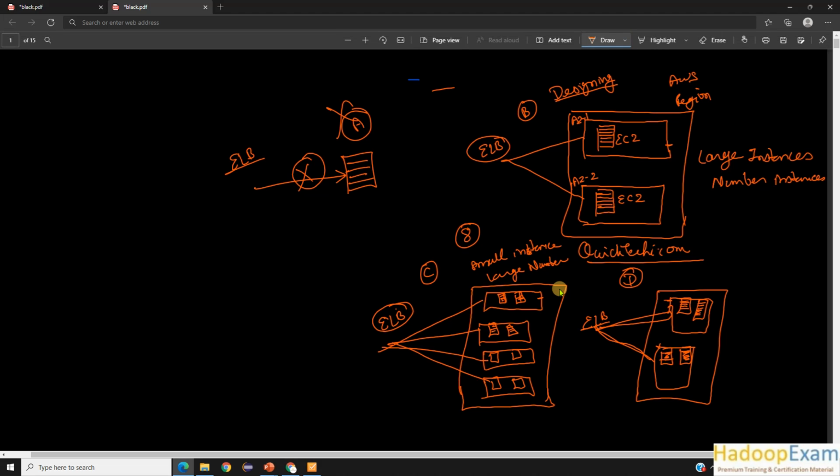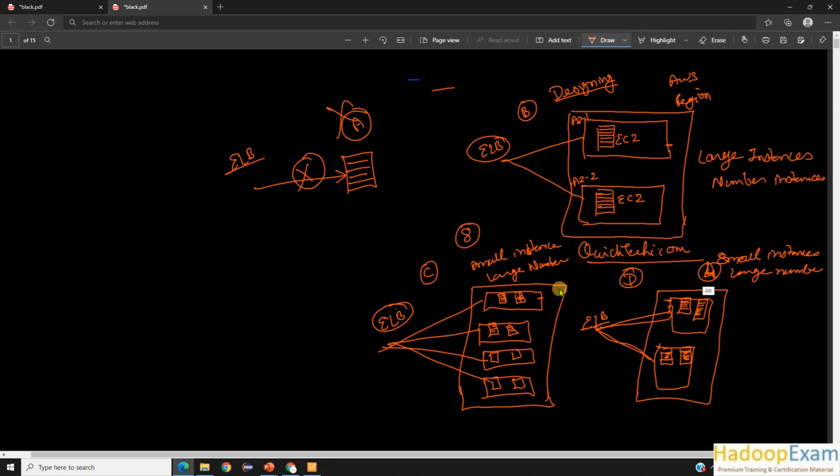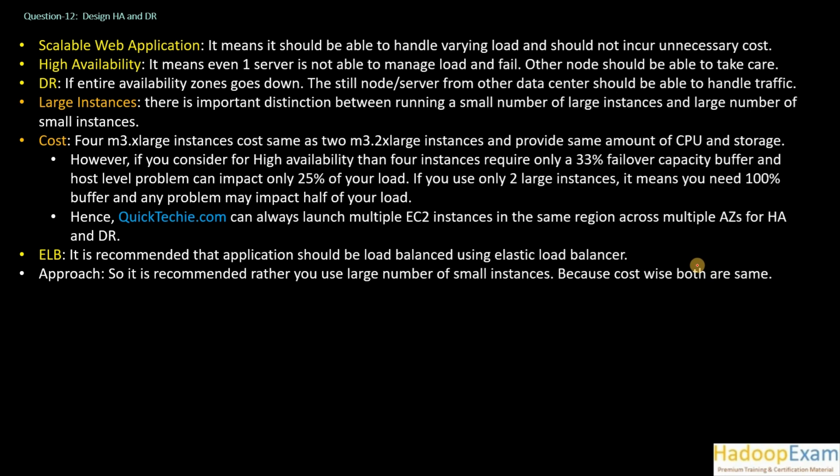Here also small instances and a large number, 4, right? So the higher the number, the better in general, but you need to consider the cost, which I'm expecting they should provide in the question, correct?